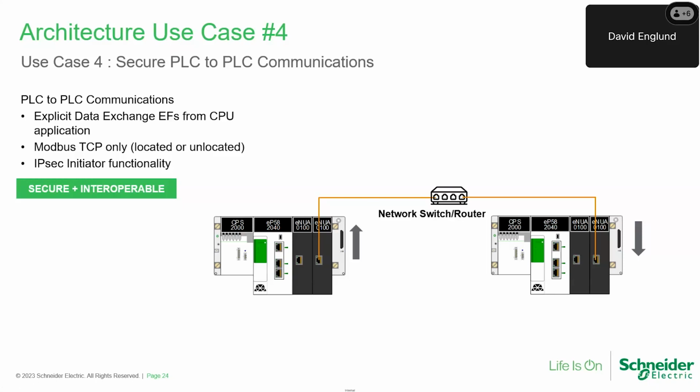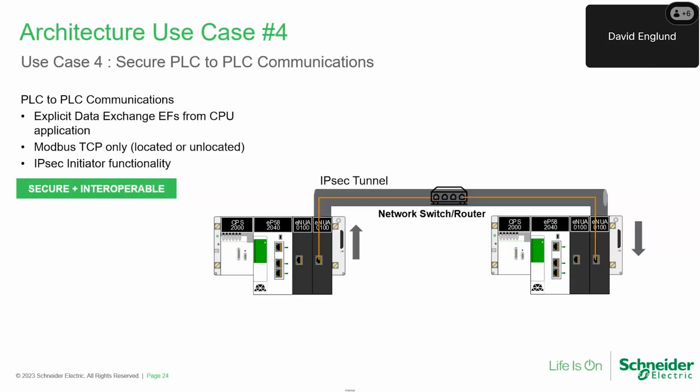We could do this without cybersecurity, but a cyber criminal could view or worse, modify this data stream. With the BME NUA card, we can enable an IPsec tunnel between PLCs, allowing for secure and encrypted PLC to PLC communications. Now, our cyber criminal will not be able to intercept our communications.